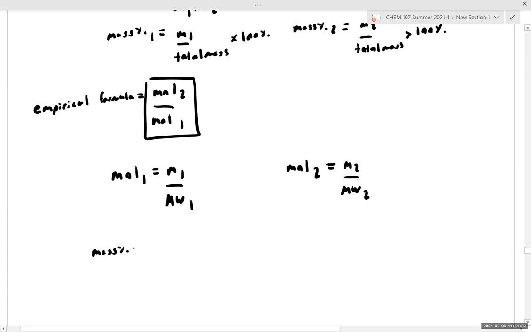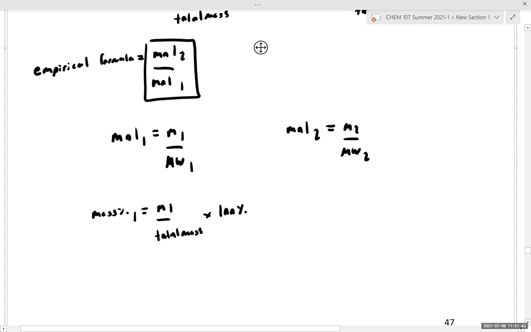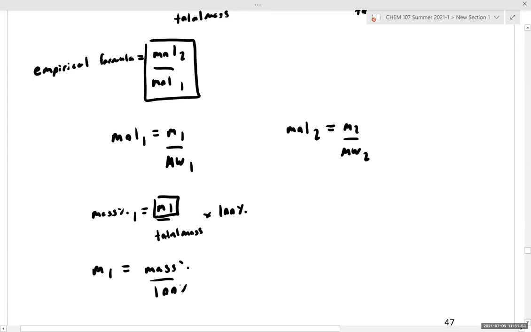We know that mass percentage corresponds to the mass over the total mass times 100%. And we can take this equation and rearrange it to solve for mass 1, right? Mass 1 is equal to the mass percentage over 100% times the total mass.